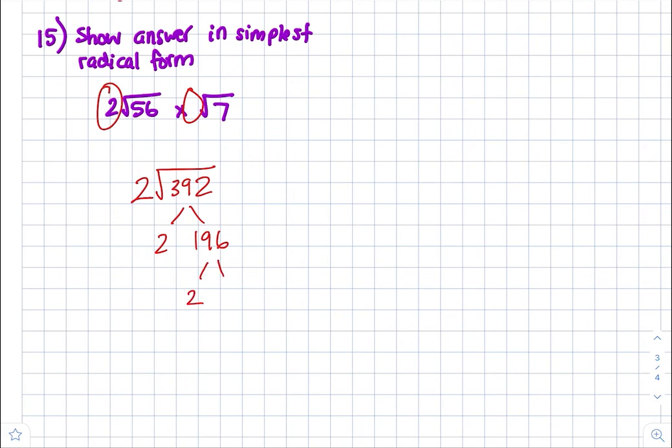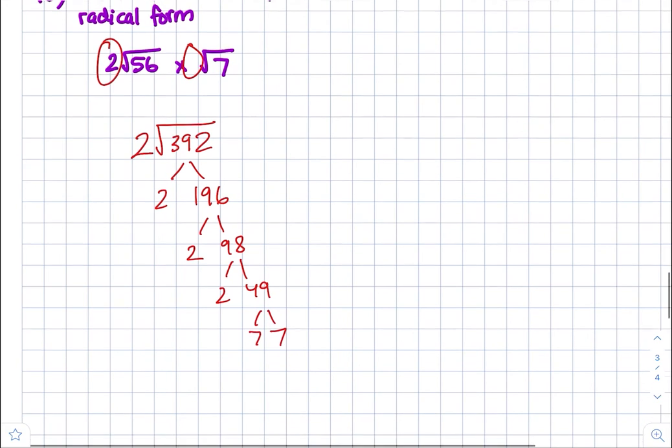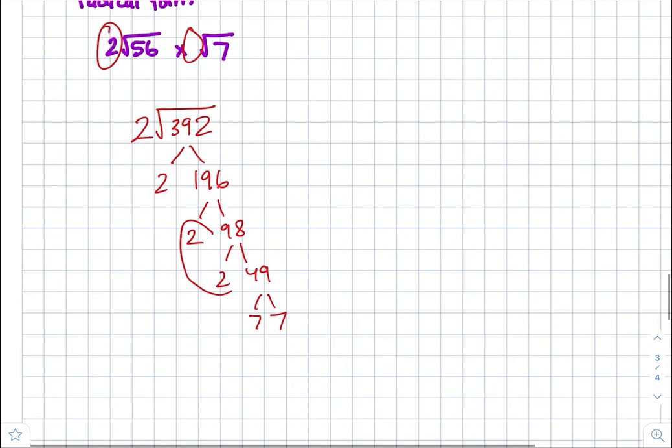I'll just do 2 again, so 2 times 98 is 196. 2 times 49 is 98, and 7 times 7 is 49. So I got a pair of 2s there, and I got a pair of 7s there, with a leftover of 2.